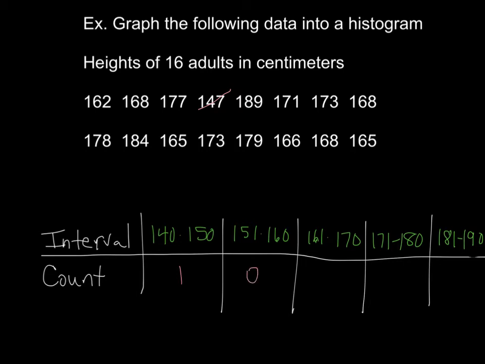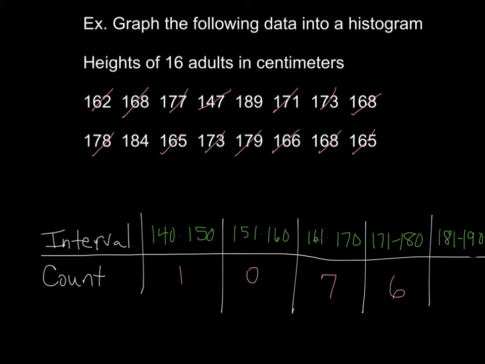In the 161 to 170, we have 1, 2, 3, 4, 5, 6, 7. That was a big one. And 171 to 180, we have 1, 2, 3, 4, 5, 6.